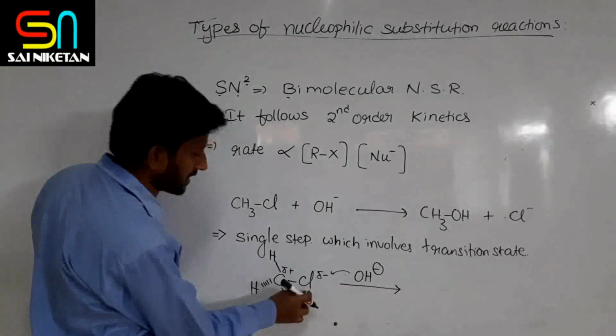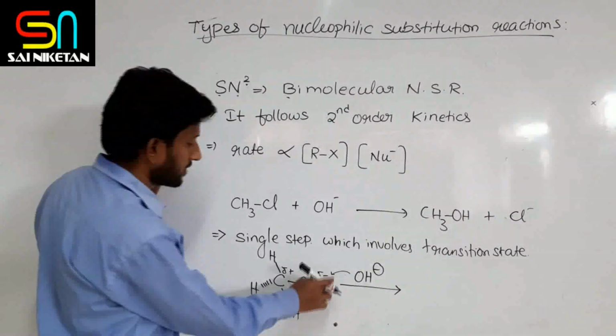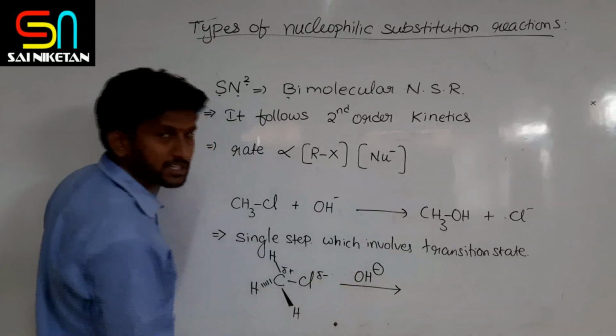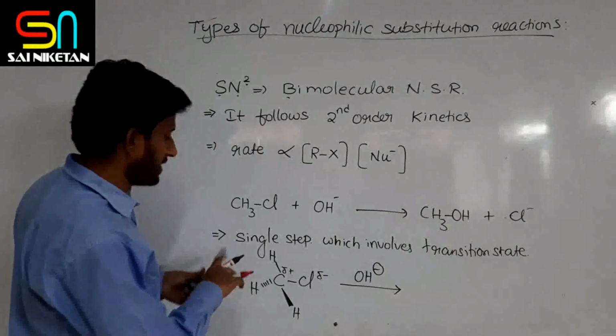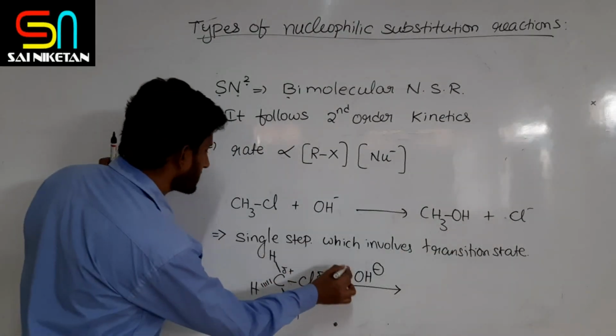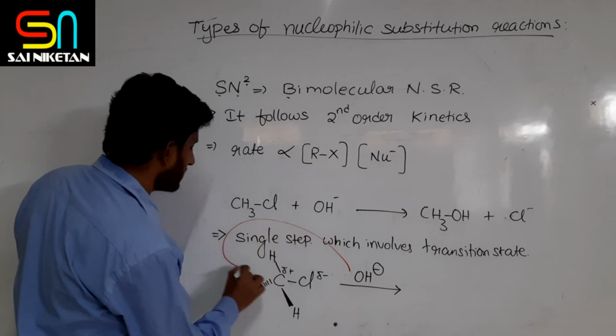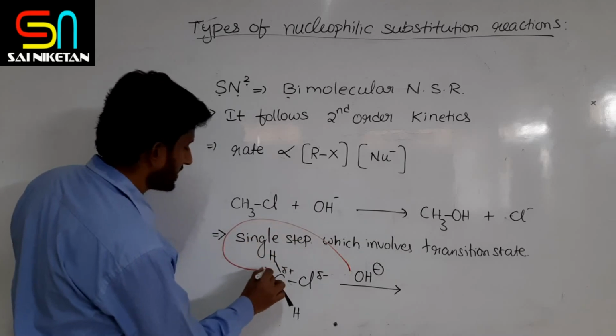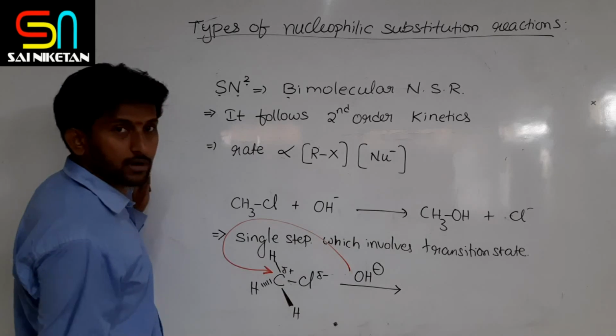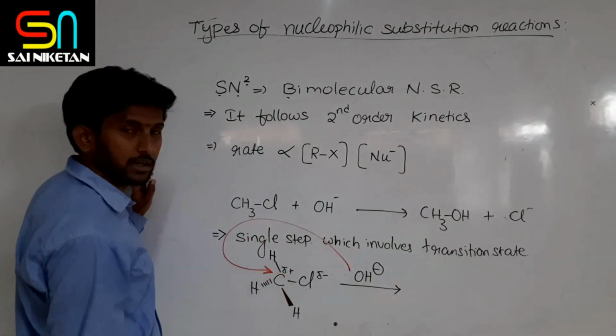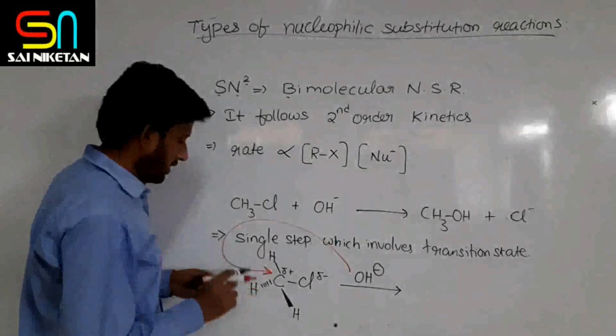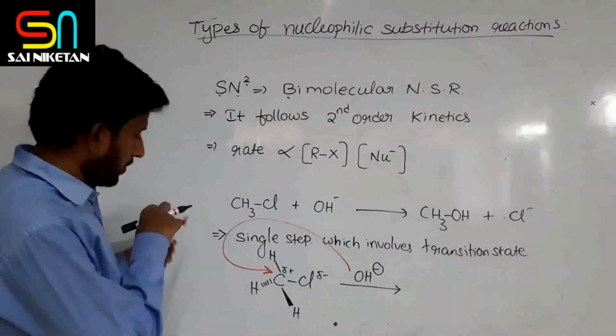OH minus cannot directly come towards the chlorine, because negative repulsion will take place. So what happens? This OH minus will attack this carbon from the back side, or from the opposite side of the chlorine.